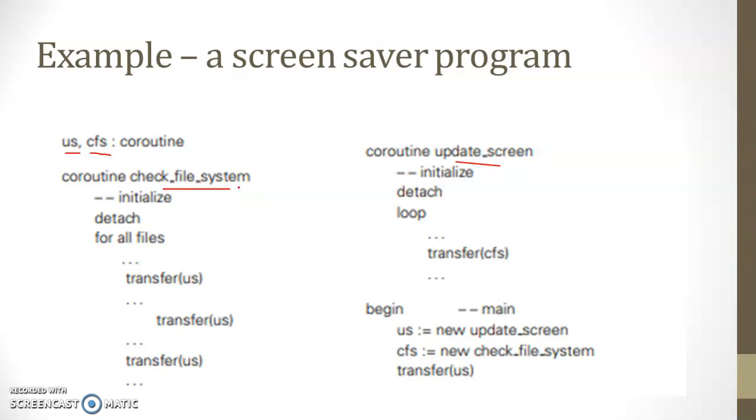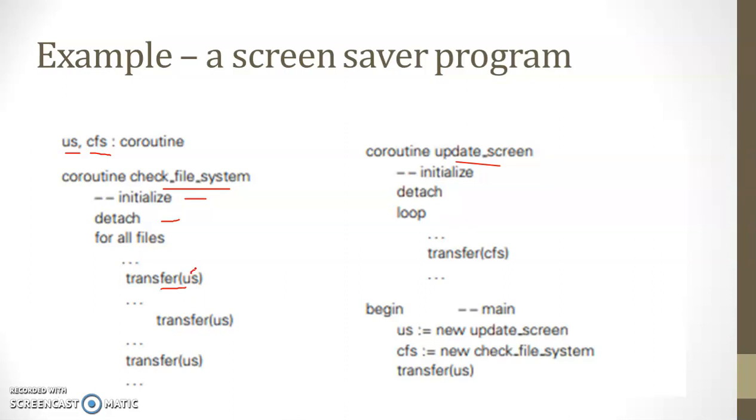Inside each coroutine, first the initialization operations are performed, and then it does the detach operation, and then the transfer is done. For performing any transfer operation, it first performs detach, and only then the transfer operation.